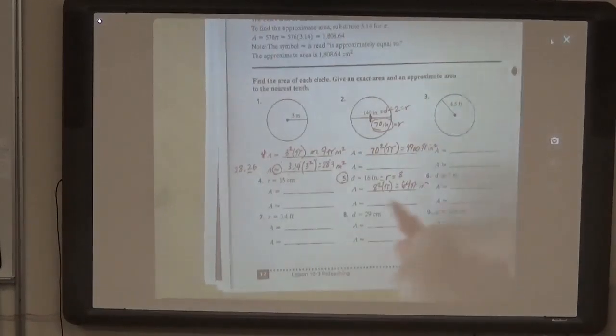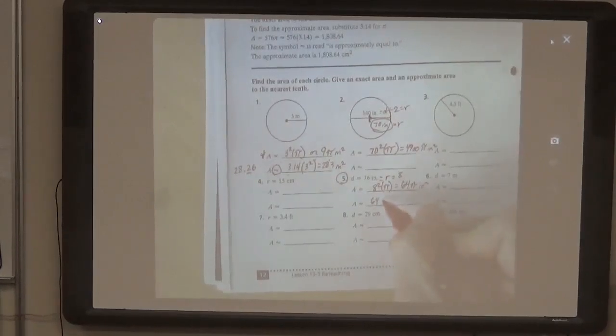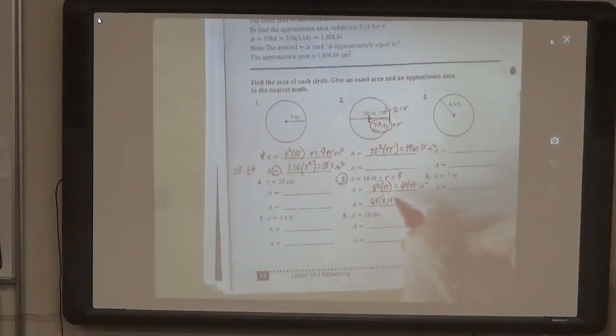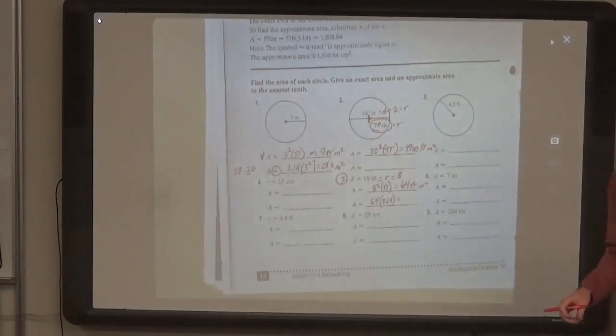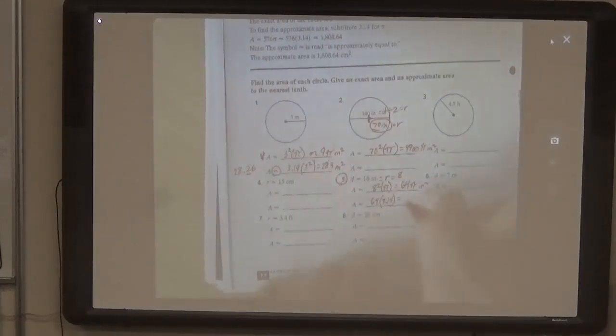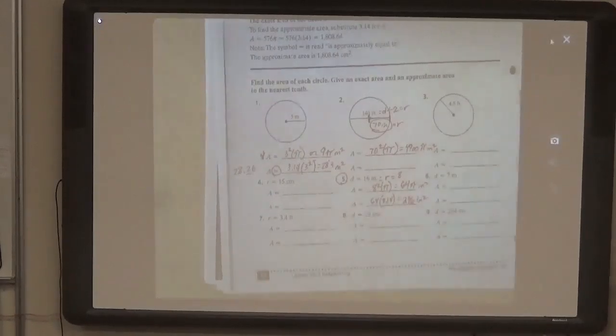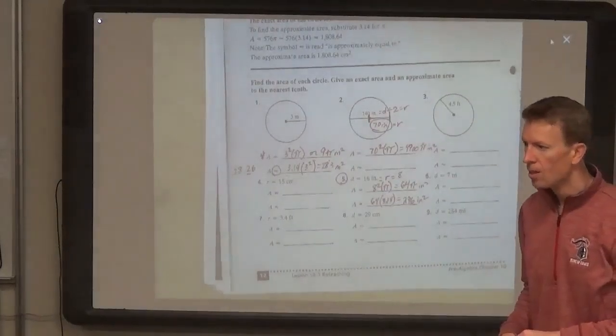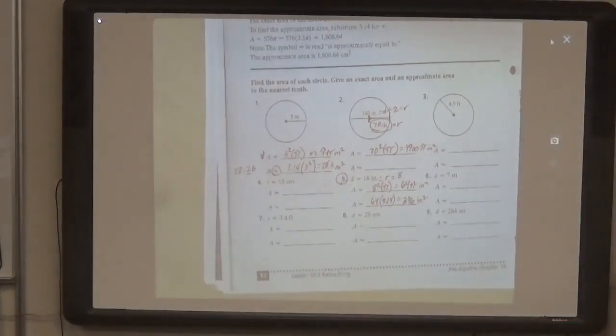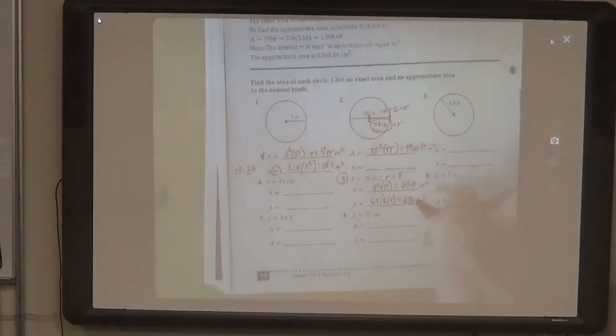To find the rounded or approximate area, you would use 64 times 3.14. What's 64 times 3.14? Anyone have that? Yes, 200.96 inches squared. Okay? No, it's 200... Oh, I'm sorry. 200.96.